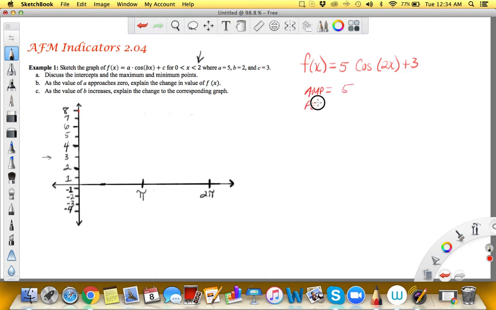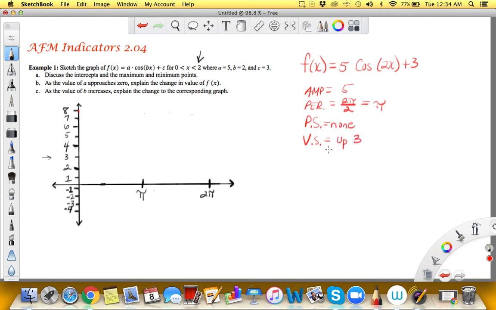The period in this case is 2 pi over b, so that equals pi. The phase shift, I'm just going to put ps. There is none. The phase shift is usually in here. And then the vertical shift, it goes up 3 units.